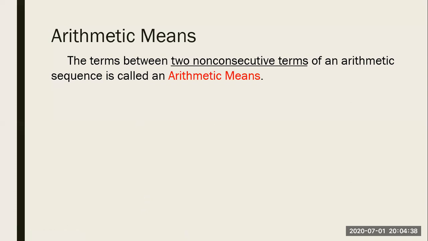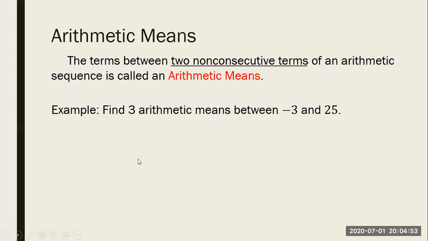Ang tawag sa kanila ay arithmetic means. So, paano ba natin malalaman na ang sequence natin ay arithmetic sequence? Kapag meron silang common difference. Okay? Nagkakaroon tayo ng common difference.